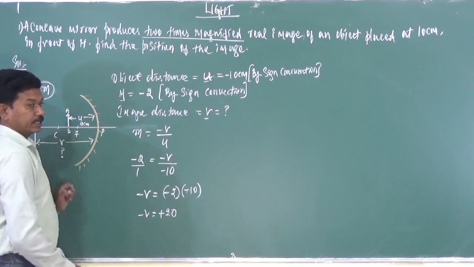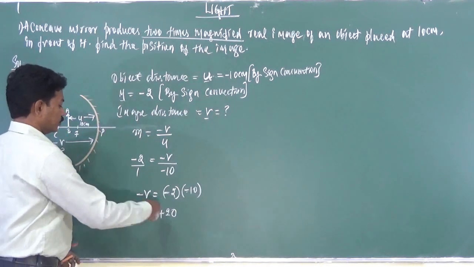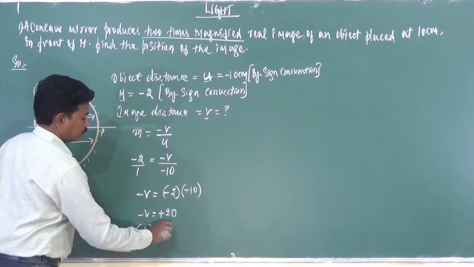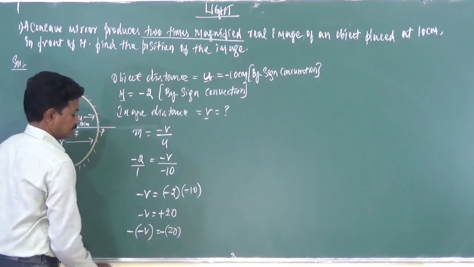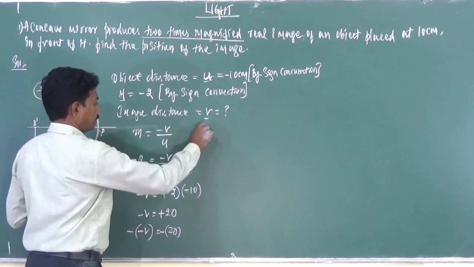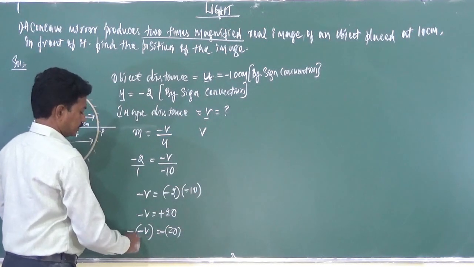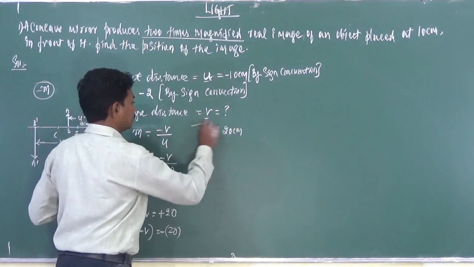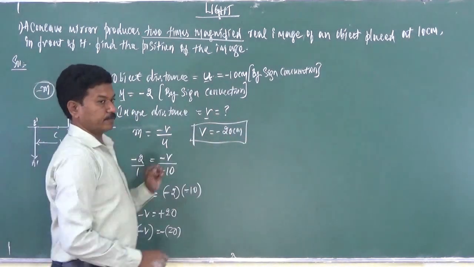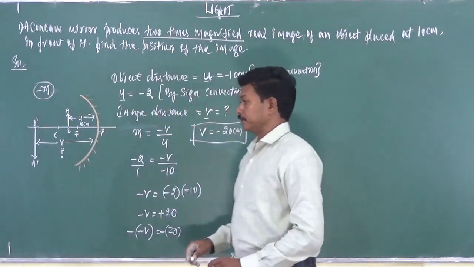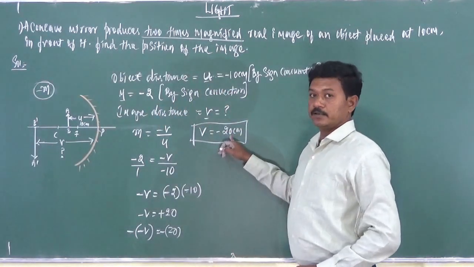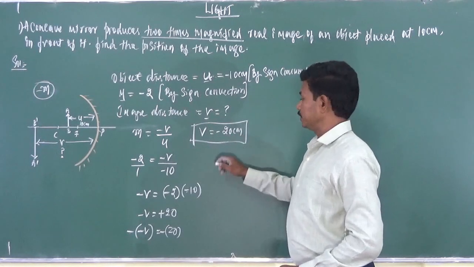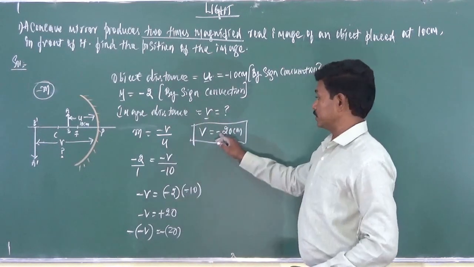Transfer this negative sign to the RHS, that is, multiply both sides by a negative sign. So minus V into minus is plus V, equal to minus into 20, which is minus 20 centimeters. See, this is the beauty of problems in physics. Here automatically the V value has got minus 20 centimeters as the answer. So while writing the answer, don't consider the negative sign.